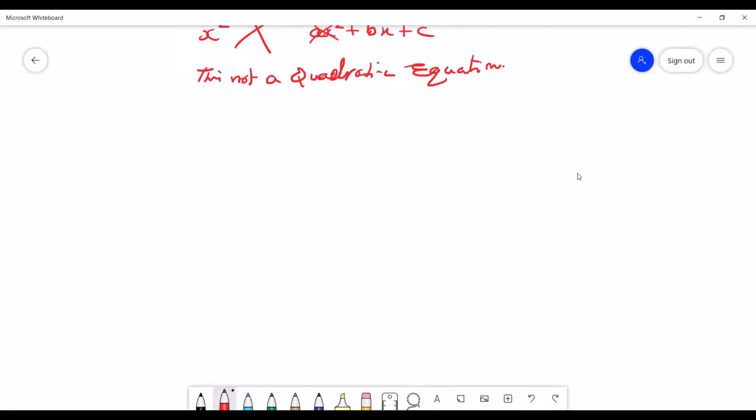So we will solve the next question, that is question number D. Question number D is x cube minus 4x square minus x plus 1 is equal to x minus 2 the whole cube.